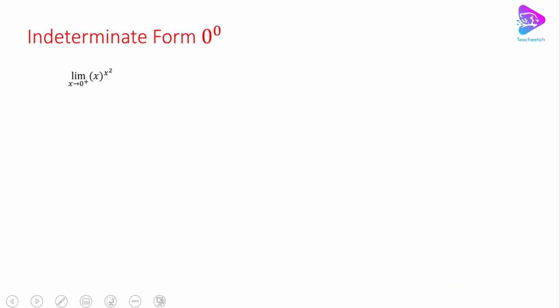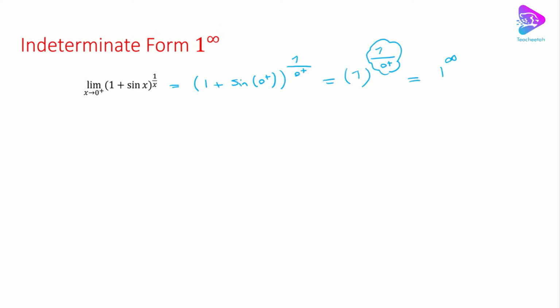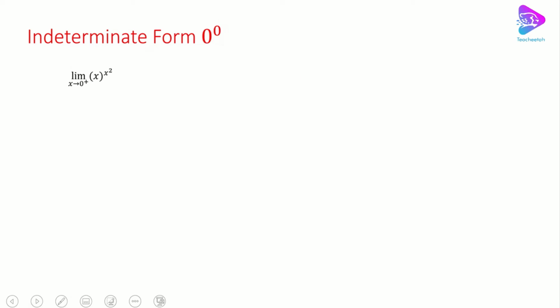Another form of indeterminate limits is 0 to the power of 0, and again it is possible to have this form, especially when we are dealing with this kind of functions. And as you know, if we plug in 0 in here, it's going to be 0 to the power of 0, and 0 is going to be to the power of 2.